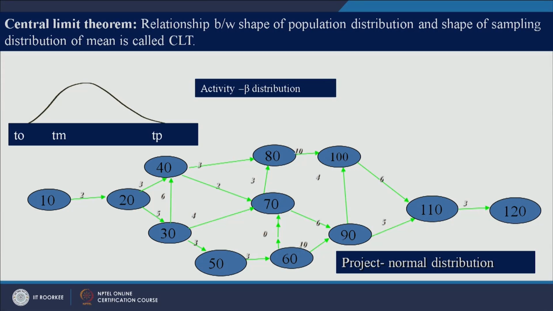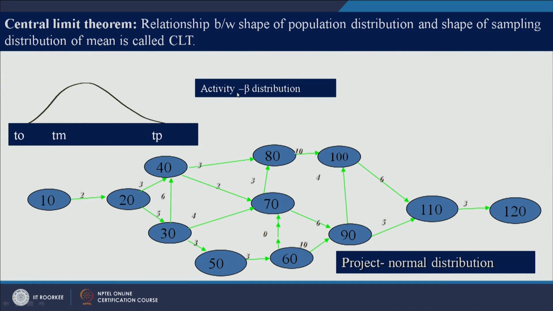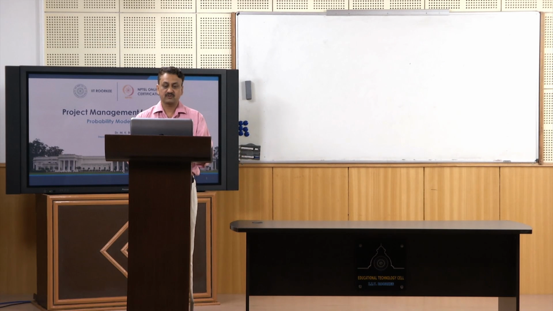Now there is something called the central limit theorem. This theorem will help us in knowing the characteristics of the project. I have already told you that the distribution of activities is like a beta distribution, a right skewed curve. I have also said that the project is a combination of hundreds of activities, and the project has a normal distribution.